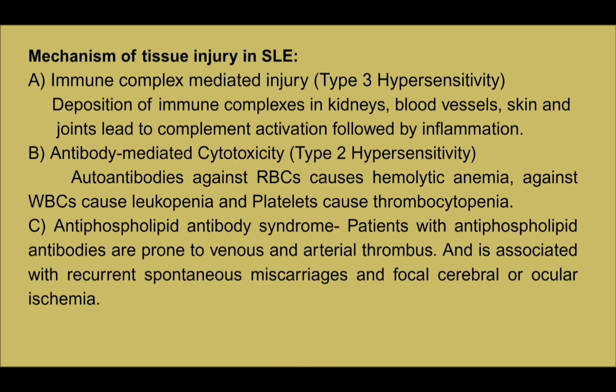Autoantibodies against self-surface antigens specific for RBCs, white cells and platelets opsonize these cells, promote their phagocytosis and lysis, leading to cytopenias. The last one is antiphospholipid antibody syndrome. Patients with antiphospholipid antibodies are prone to venous and arterial thrombosis.